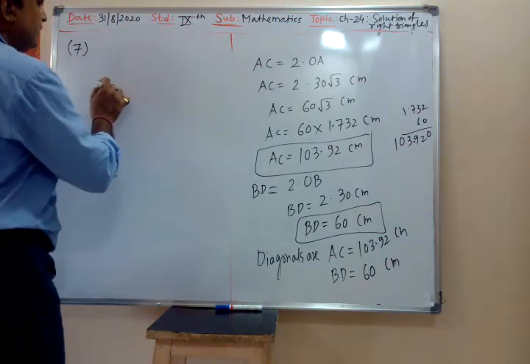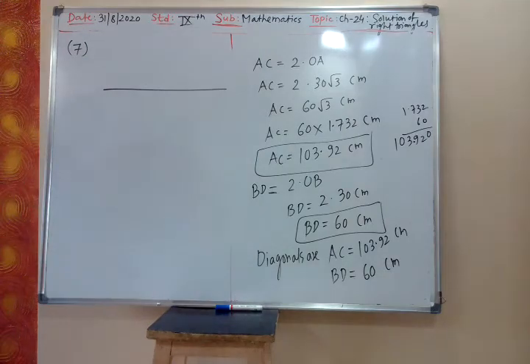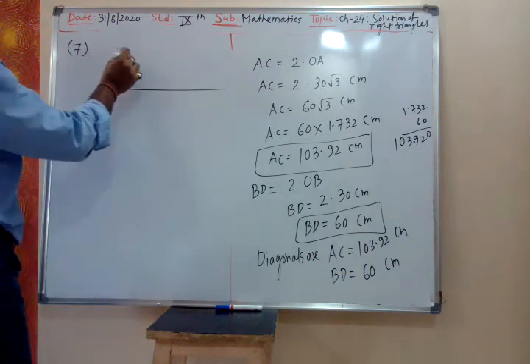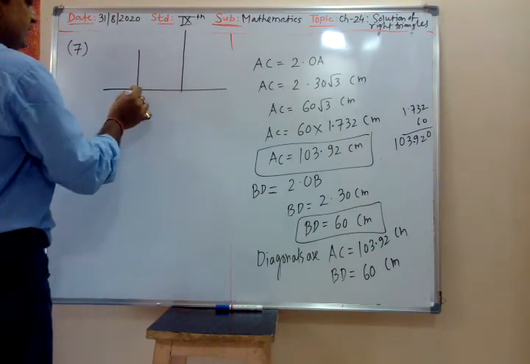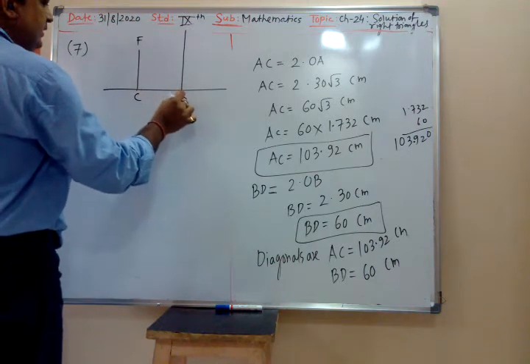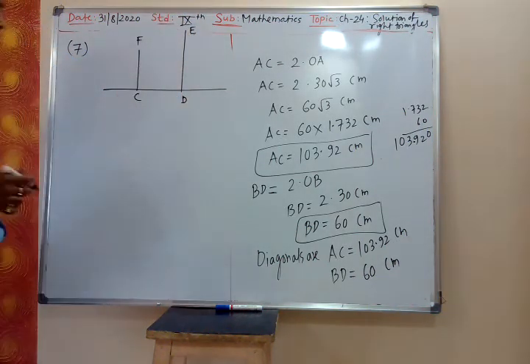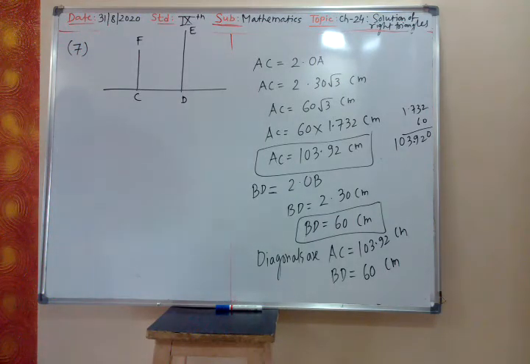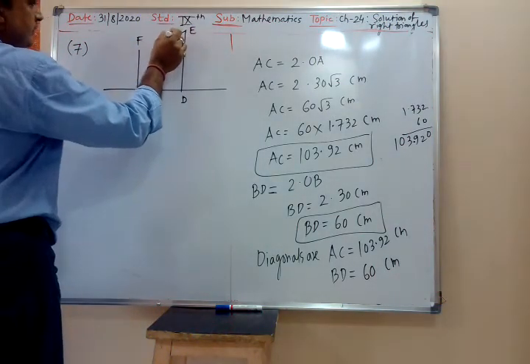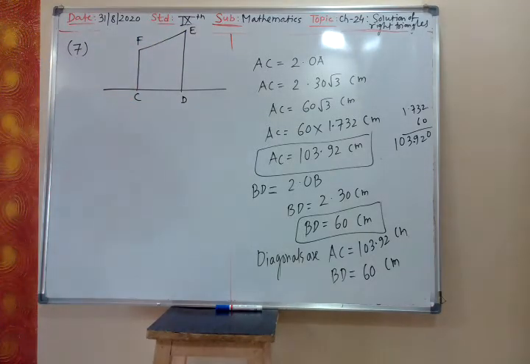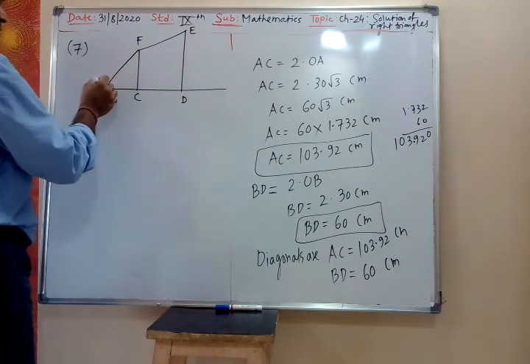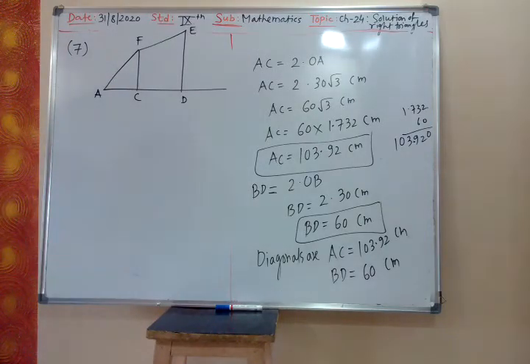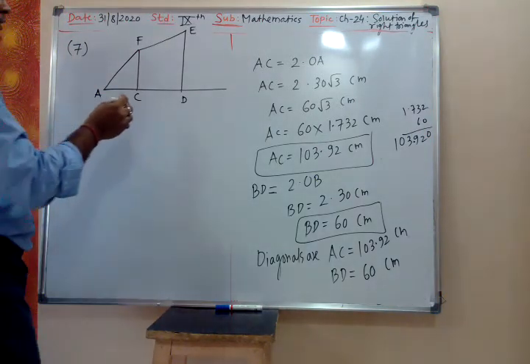We are given the triangles CFD, DE, CFD, then EF, then AFC is a triangle, then BDE.